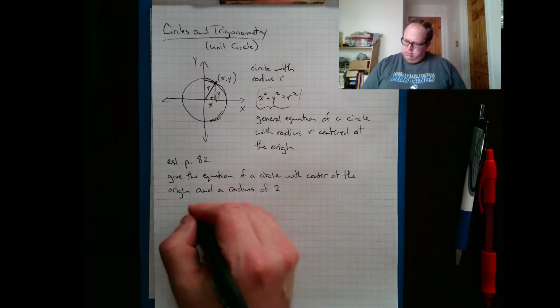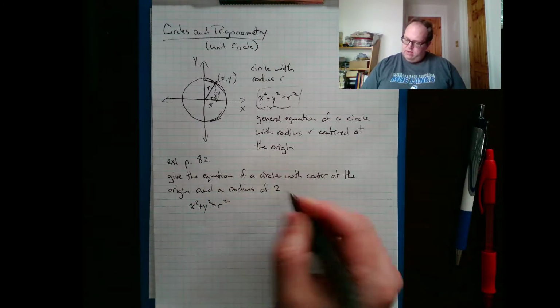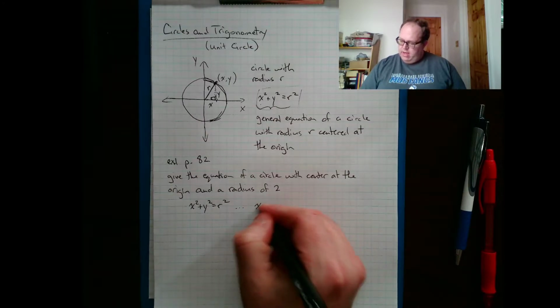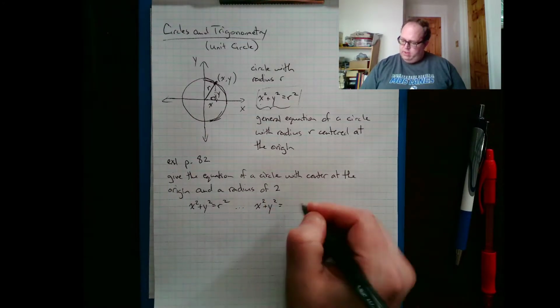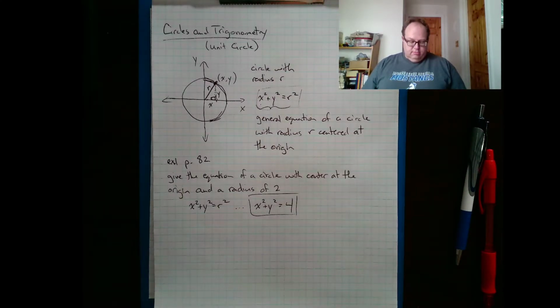Well, for any circle, x squared plus y squared would have to equal r squared. So in this particular case, x squared plus y squared would equal 2 squared, or 4. And that's it.